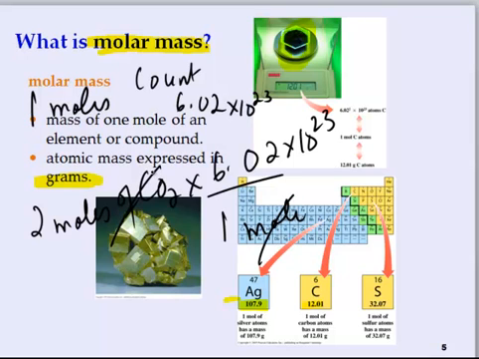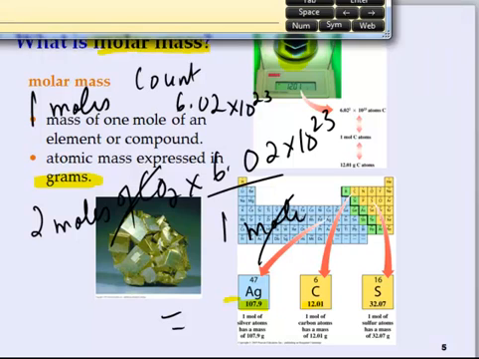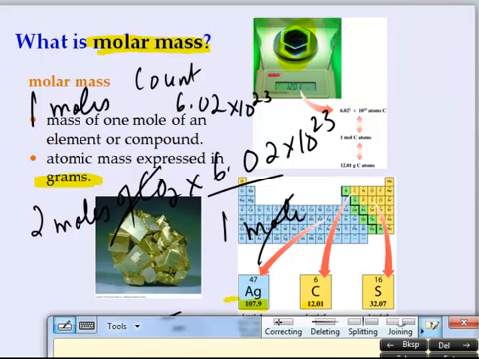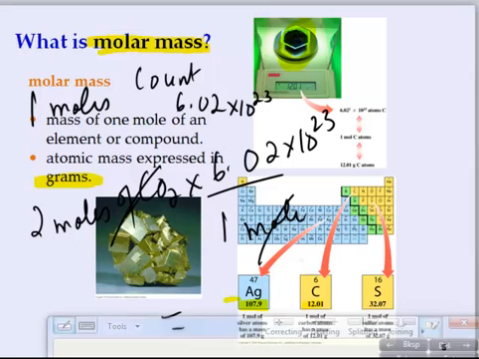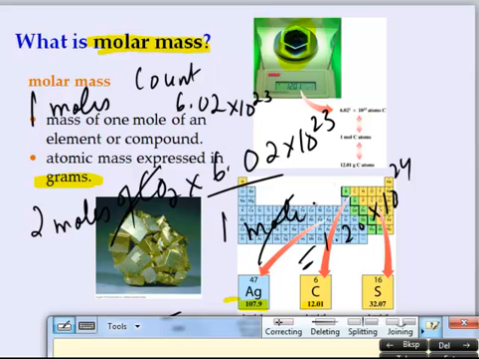I cancel these out, and if you do your calculation with your calculator, it should come out to almost 1.2 times 10 to the power 24, I think, if I did my math correctly. So it's a very large number.